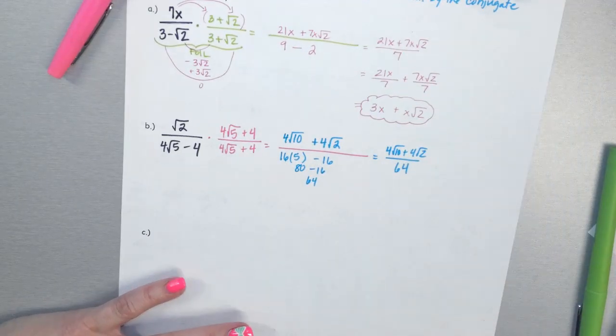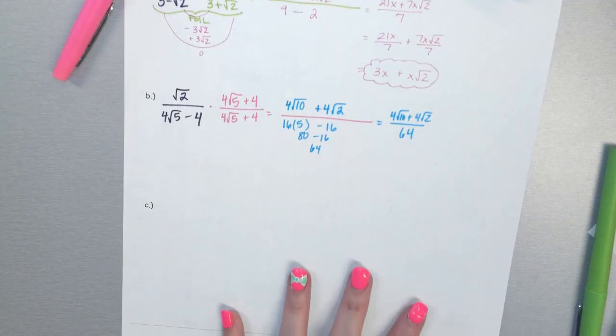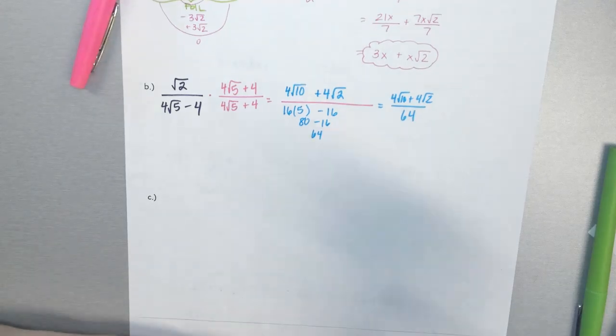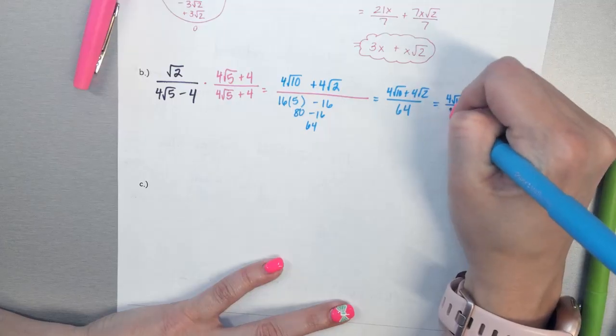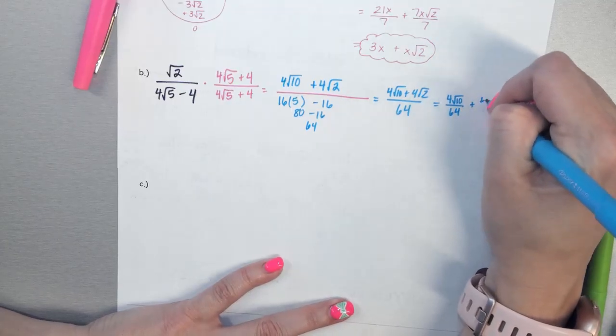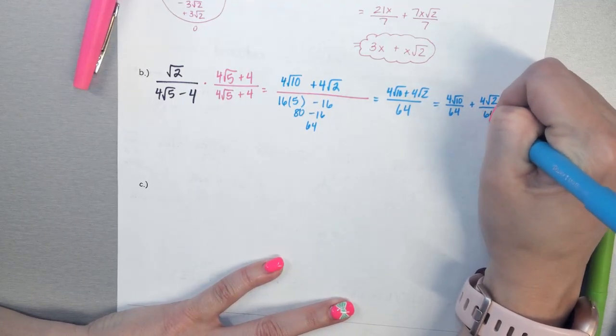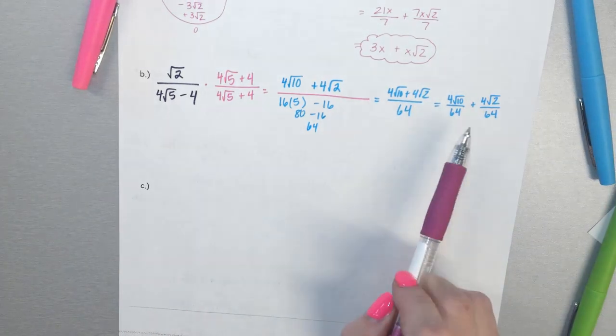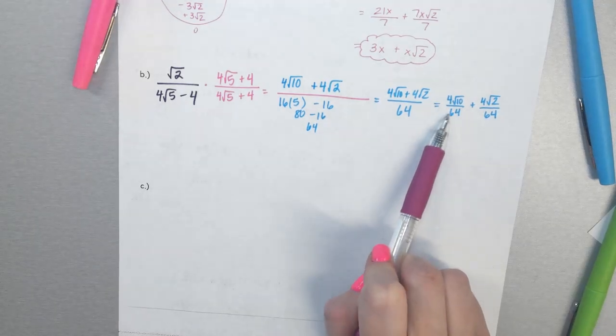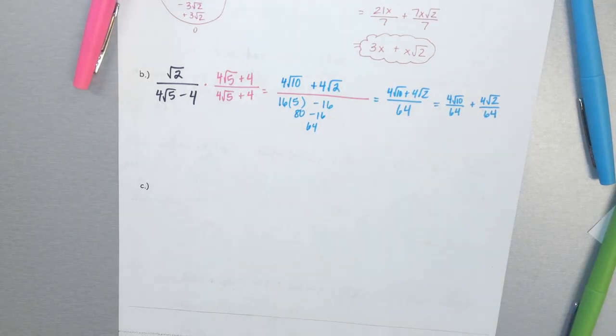Okay, now just like we did last time, we are going to simplify here. Okay, so you have 4 root 10 over 64 plus 4 root 2 over 64. If you have things on the outside, that is the only thing that you can simplify here. You can't simplify anything in the radical.